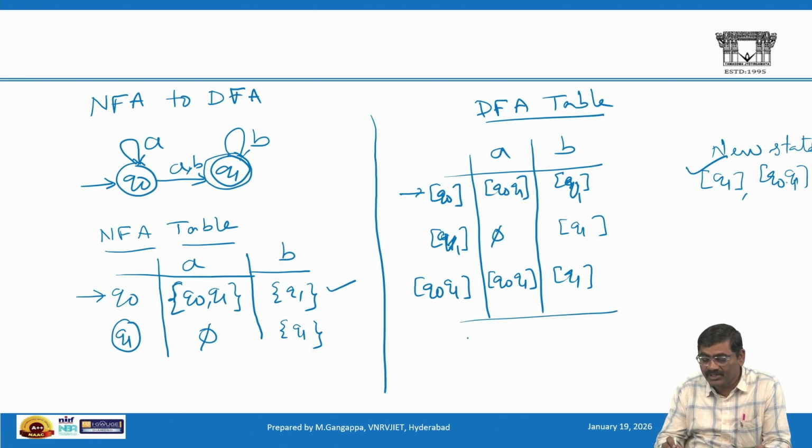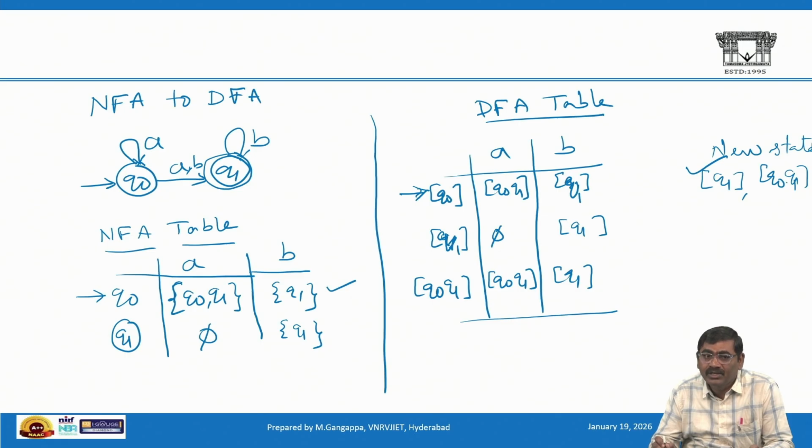After stopping that, we should mark the initial state as well as the final states. I already told you that the initial state in the NFA and DFA should be the same, that is Q0. So Q0 is marked as the initial state in the DFA. And how can we mark the final states? To mark the final states in the DFA, we consider the final state in the NFA and verify whether that state is included in the DFA states or not.